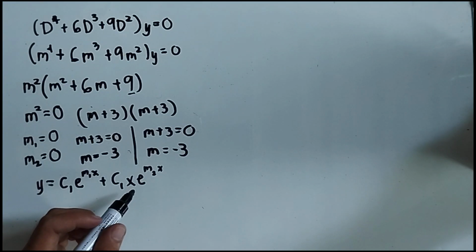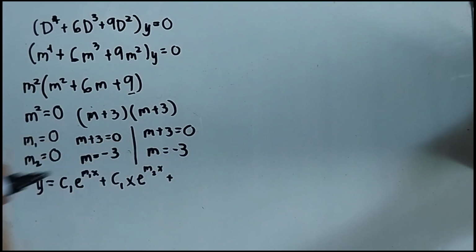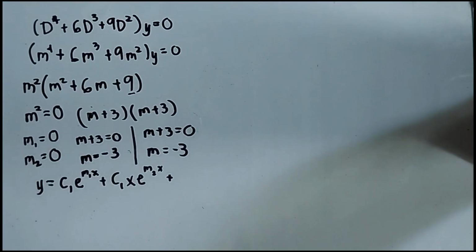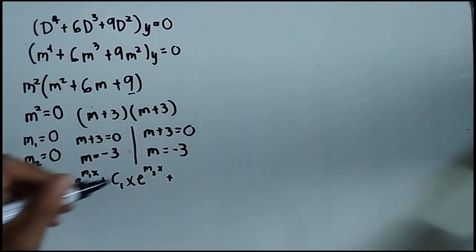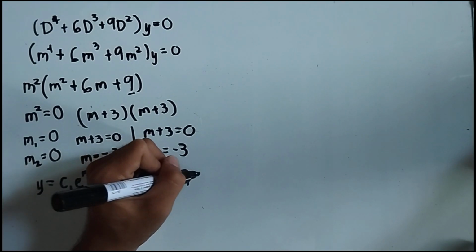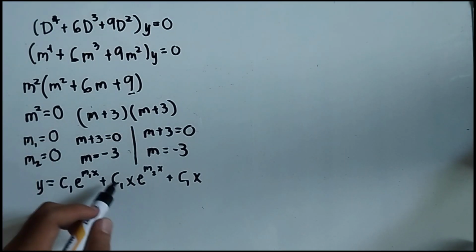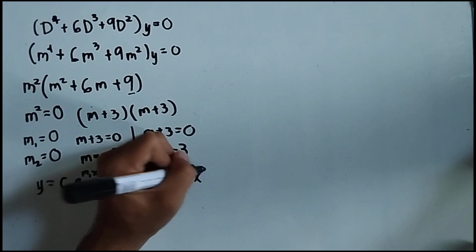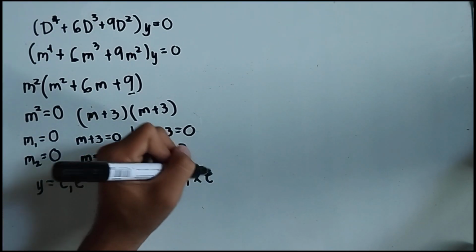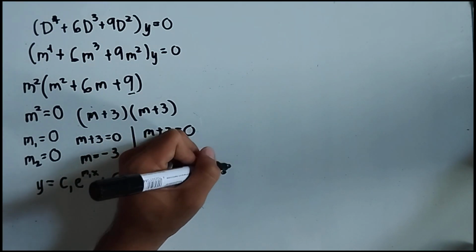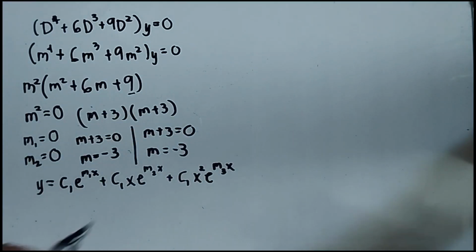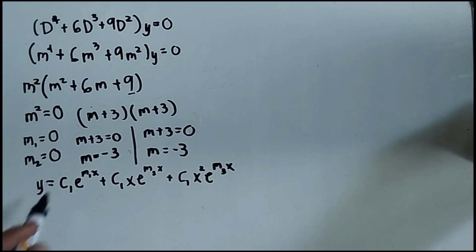And then if we have three of the same roots, this would become c sub 3, and we're gonna add another x, so this would become x squared e to the power of m sub 3 x. So that's how repeated roots work.